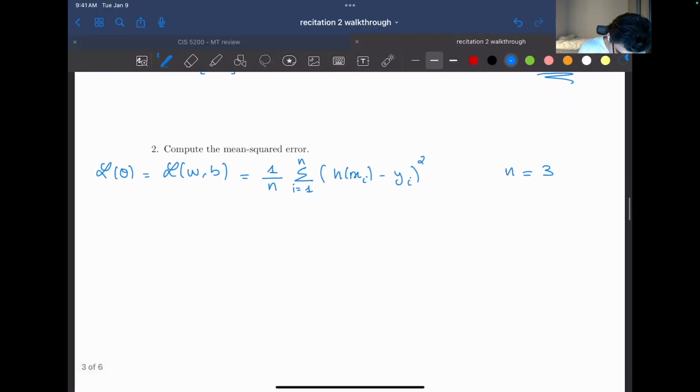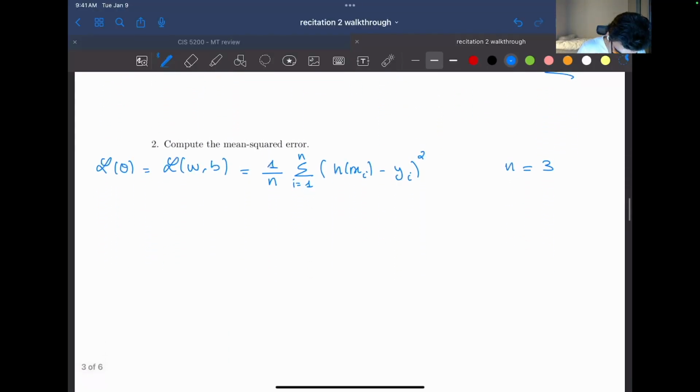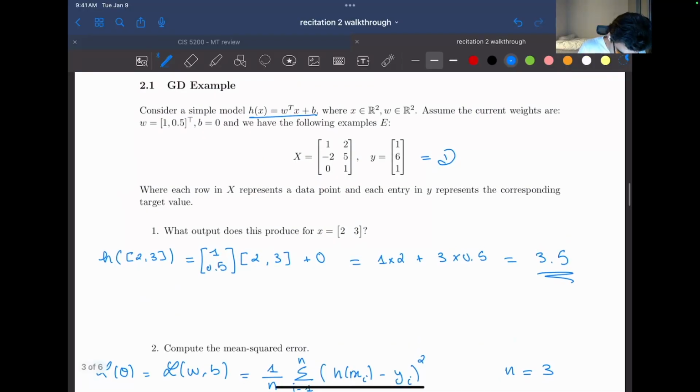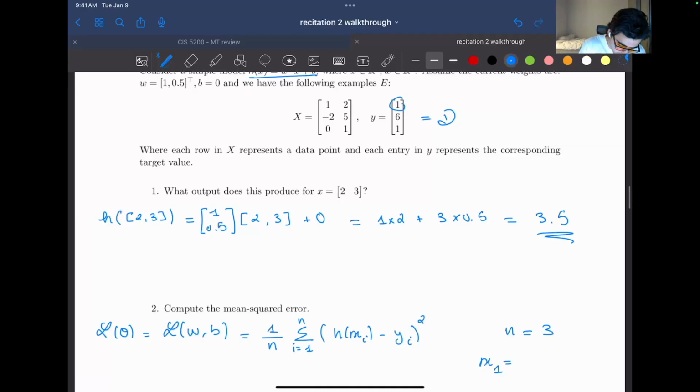What else? Let's write out the xi's. Maybe it will be easier for us to make the calculations. The xi's are the rows of the big matrix X. So x1 is this guy, the first row. x2 is this guy, and so on and so forth. y1 is this guy, y2 is this guy, and so on.